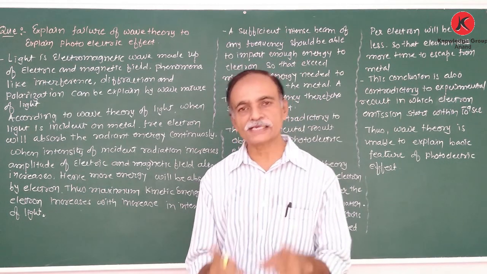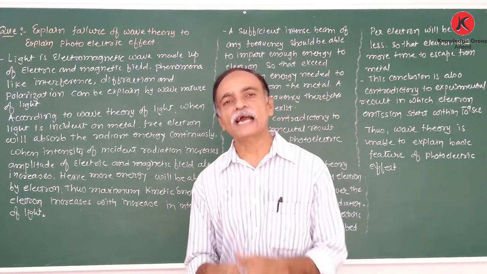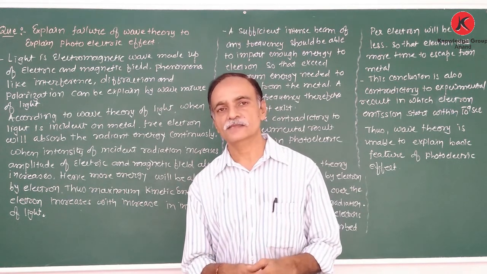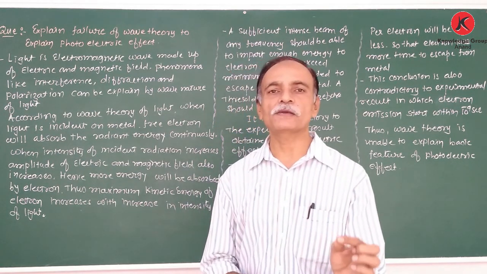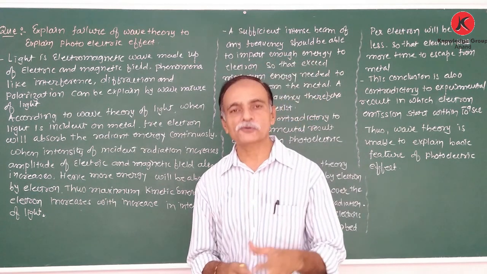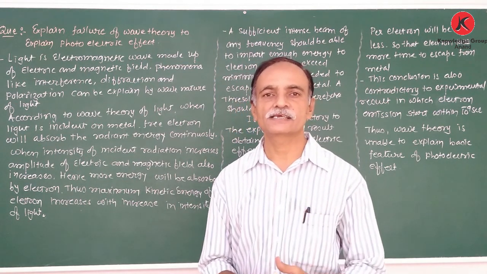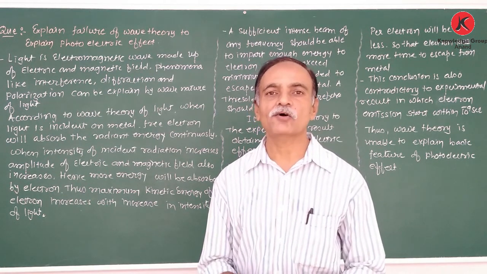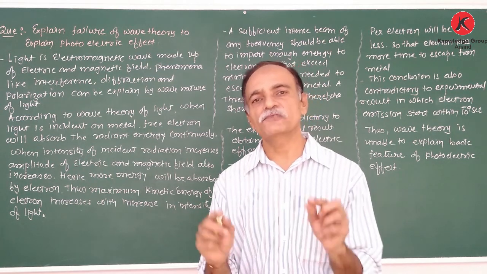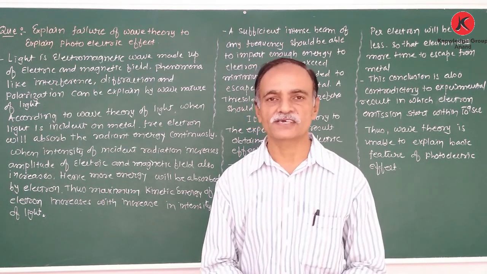Thus, the photoelectric current depends on intensity of incident radiation, while the kinetic energy of emitted photoelectrons, that means the stopping potential, depends on frequency of incident radiation. And the third thing is that the photoemission of electrons is instant, within 10⁻⁹ second of incident radiation on a photosensitive surface. So within 10⁻⁹ second, the photoelectrons are emitted from the surface.